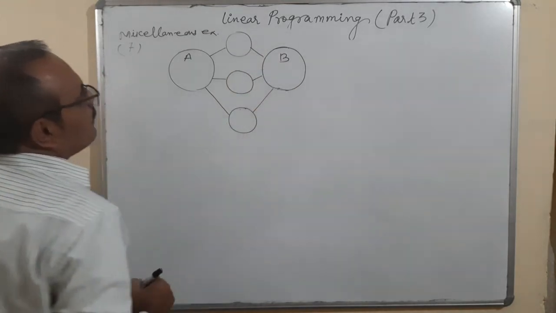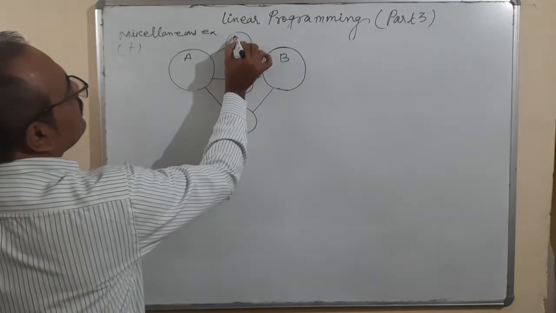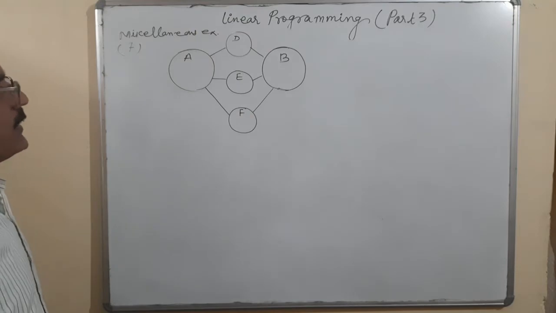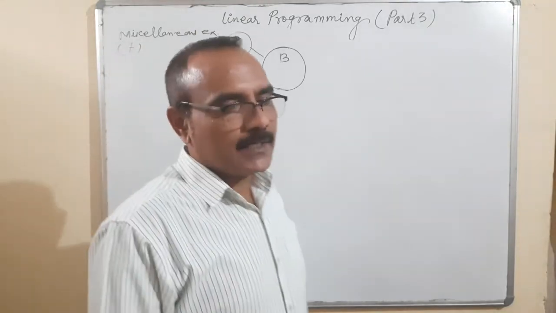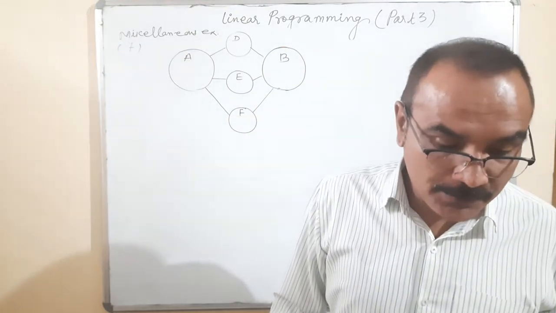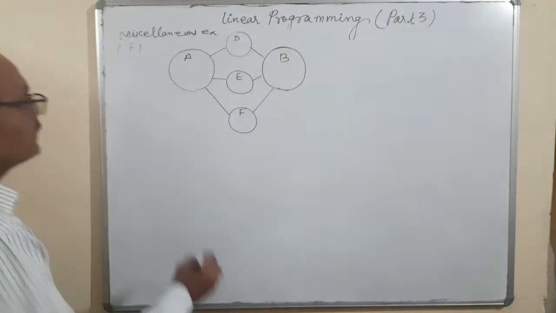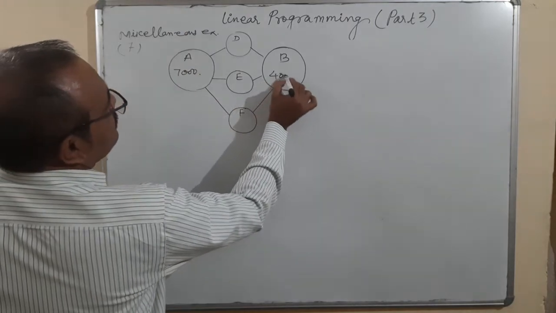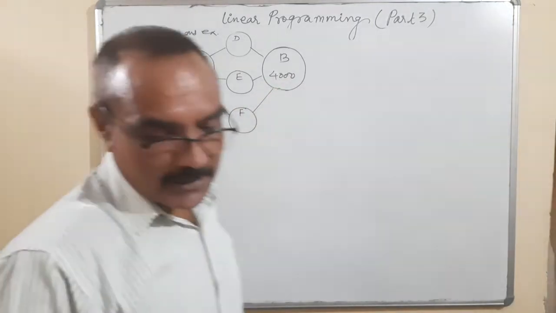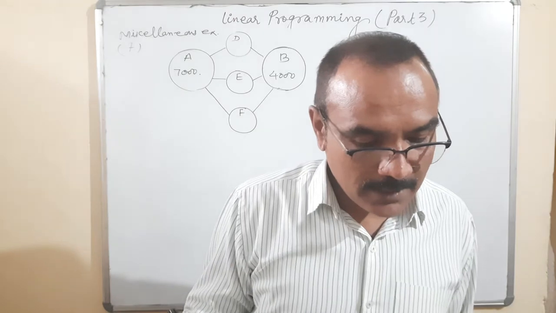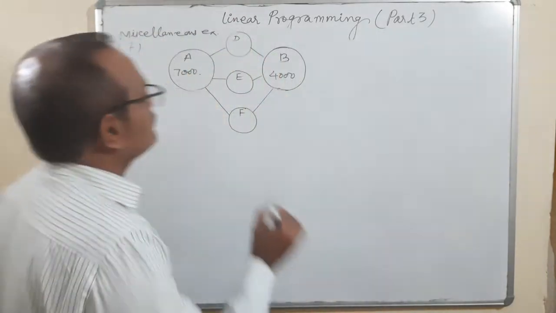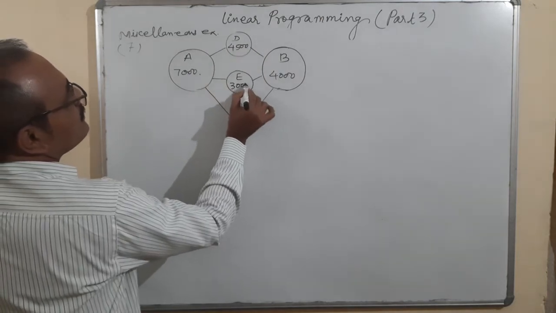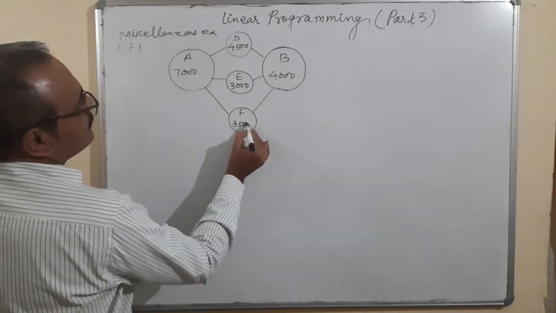The capacity of the depots I am writing here: 7,000 and 4,000 liters. And the capacity of the 3 petrol pumps: 4,500, 3,000, 3,500.